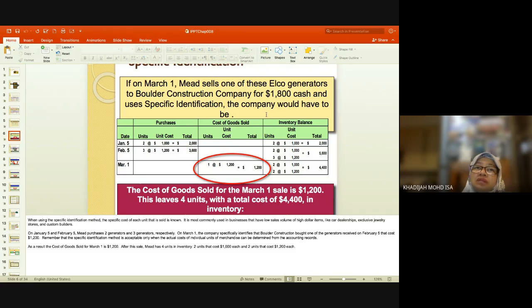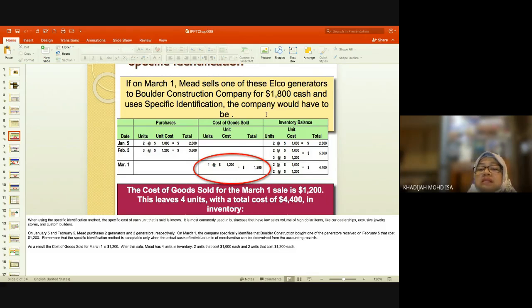Even if you purchase the same item, for example gold, today's price of gold could be 200 ringgit, but if you were to buy tomorrow, it could be 220 ringgit per gram. So the price changes. You have to record the cost, because the cost is the amount that you pay when you first purchase.